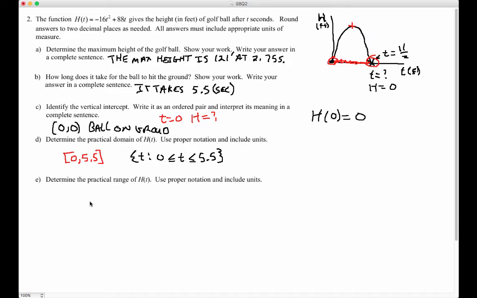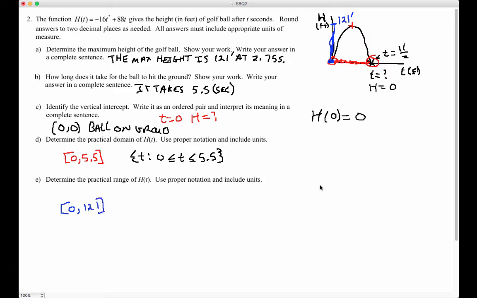Okay, what is the practical range of h of t? Well, the ball was probably not below the ground, so the practical range is going to go from where? Well, it's going to go from down here on the ground up to its maximum height, which we determined was 121 feet. So that's as large as it's going to go, okay? So in interval notation, that blue line there would be indicated by 0 to 121 and points included, okay?